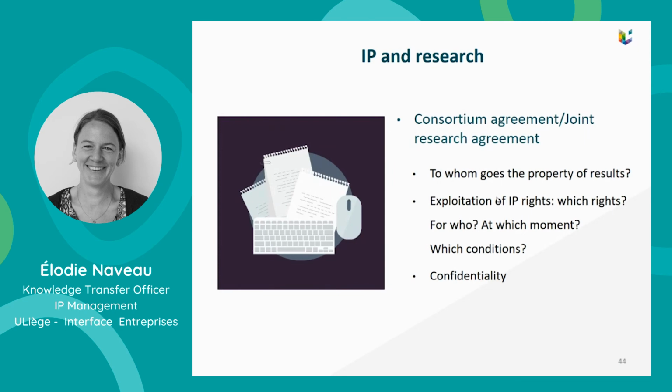Sometimes we put a sentence to say that it is confidential only when there is a mention of confidential in an exchange of emails, for example. If you need to specify that it is confidential, so that it falls under this category of protection.